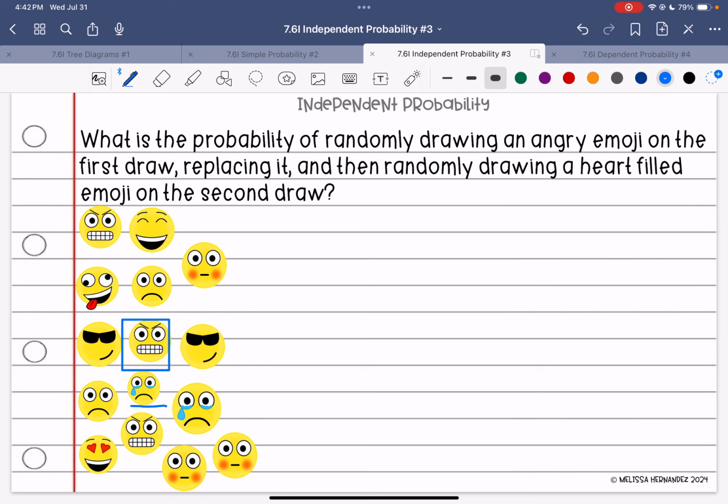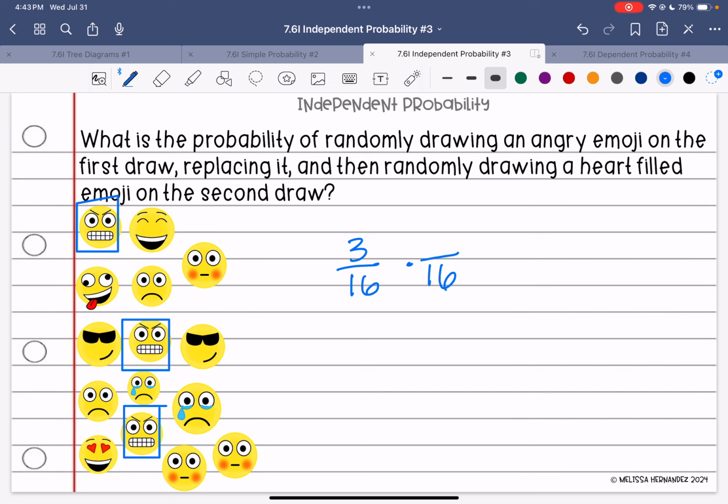There's 1, 2, 3. So I have 3 out of, let's count them all, 1, 2, 3, 4, 5, 6, 7, 8, 9, 10, 11, 12, 13, 14, 15, 3 out of 16. So sorry about that one. And so the 16 stays the same because we know we're putting it back.